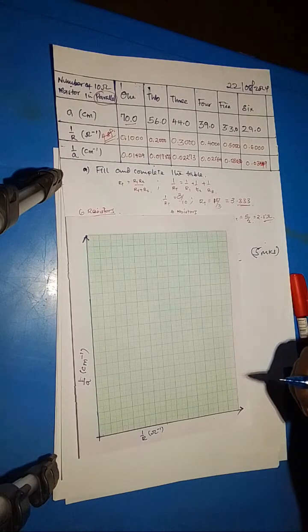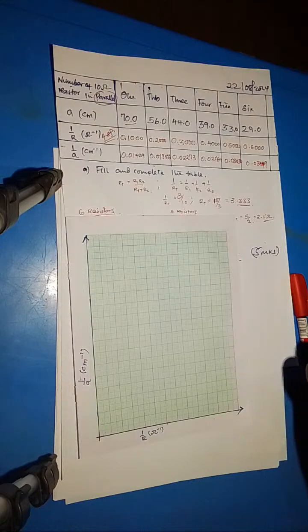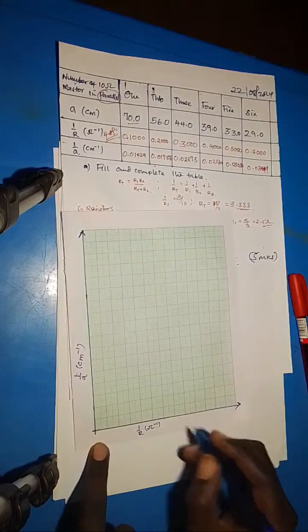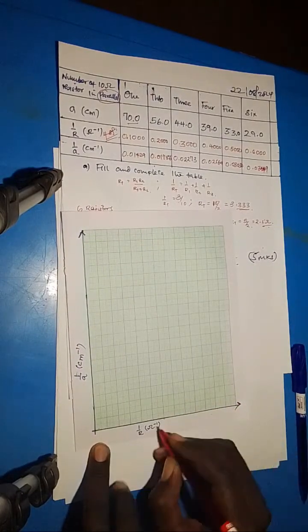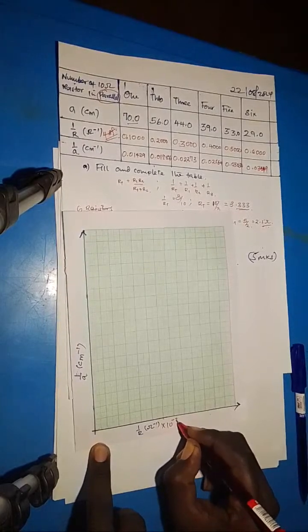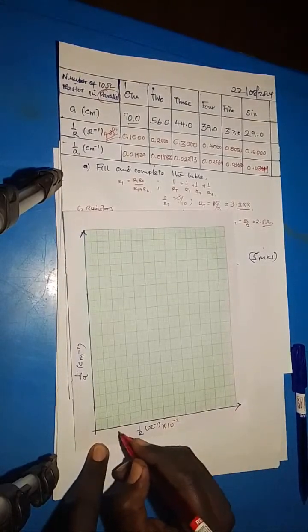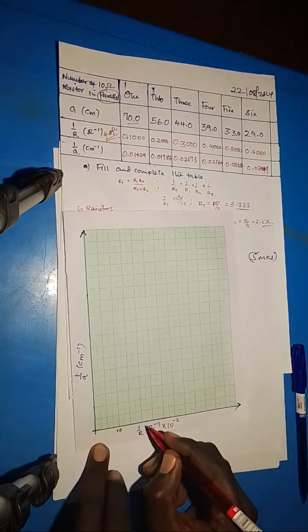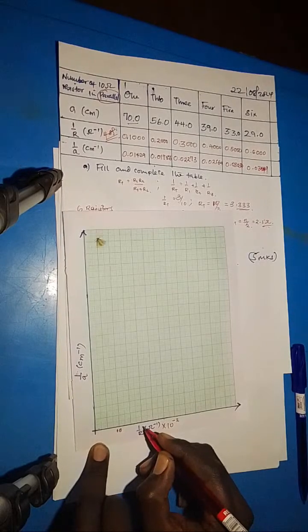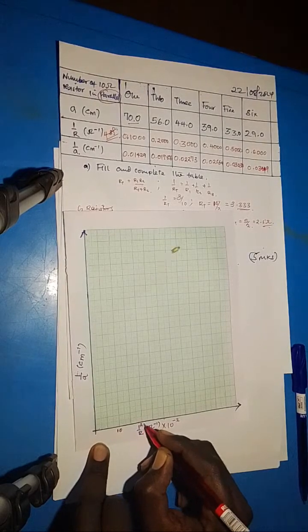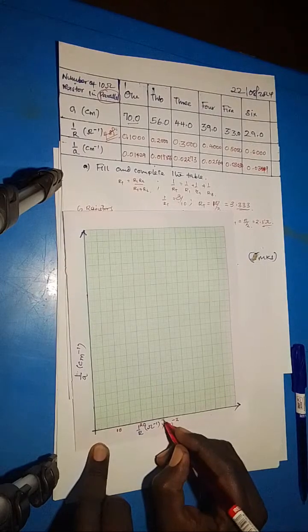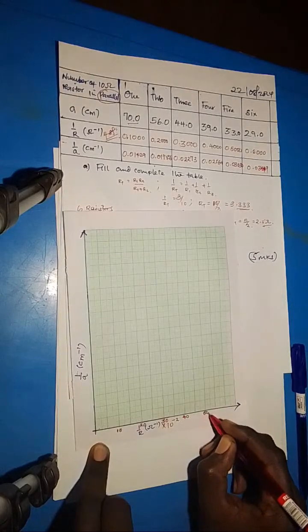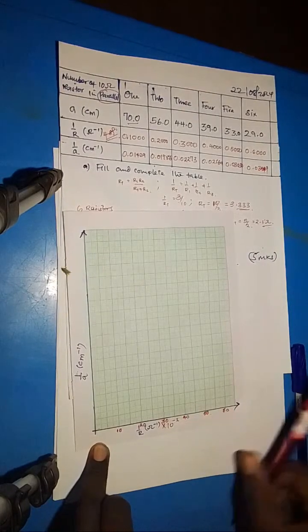Therefore, if it is simple, you decide what to choose. For example, I'll choose to multiply it by 10 raised to power negative 2, so that I make it 10, 20, 30, 40, 50, 60.